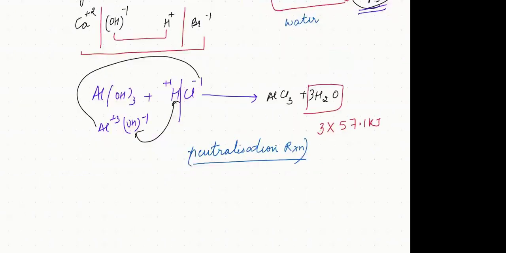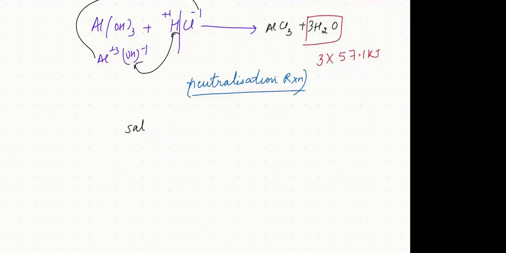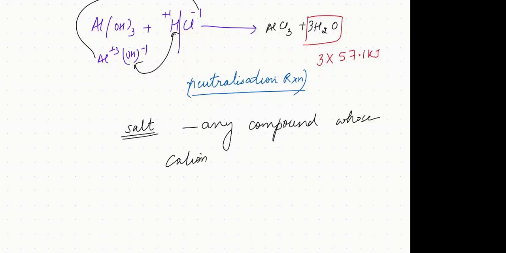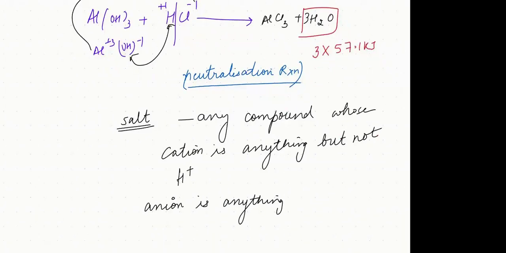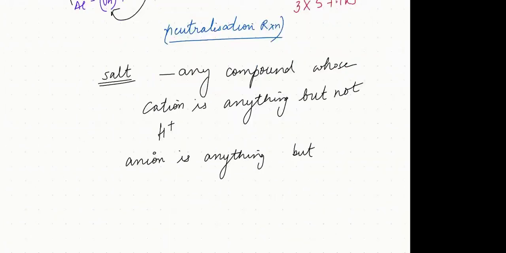Now you have to understand what a salt is. Salt is any compound whose cation is anything but not H plus, and whose anion is anything but not OH negative.